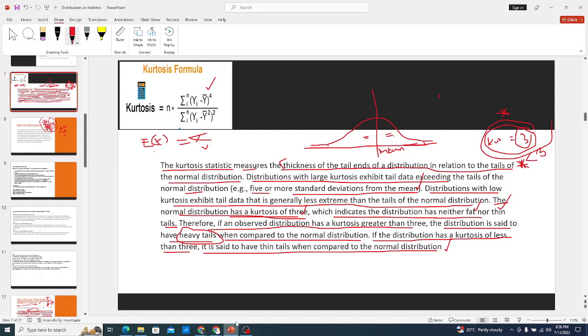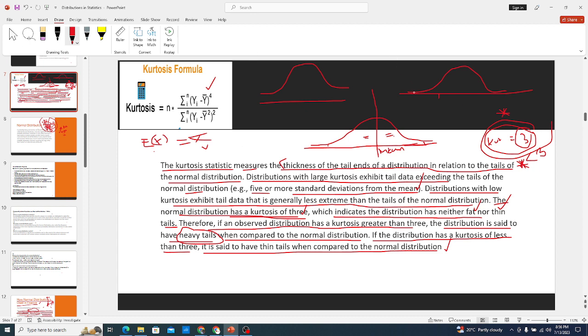For example, let's assume we have these two different distributions. One follows a normal distribution, and the other has thin tails compared to the perfect normal distribution.